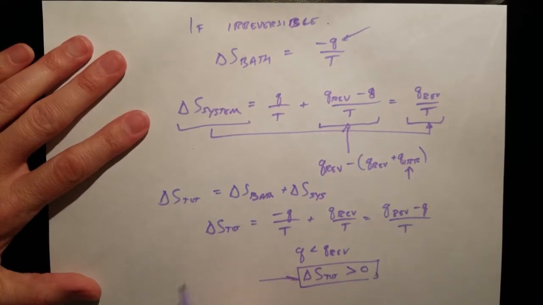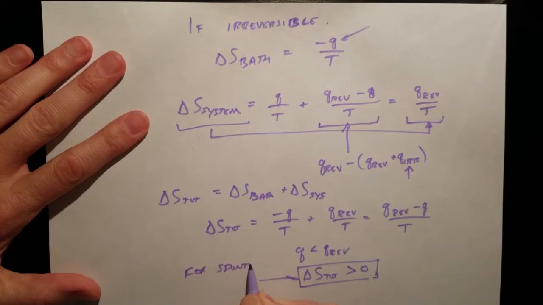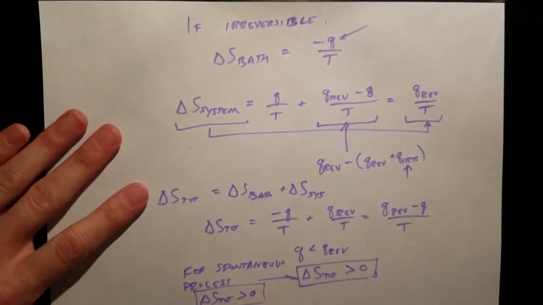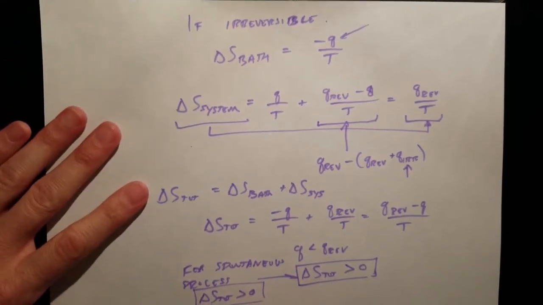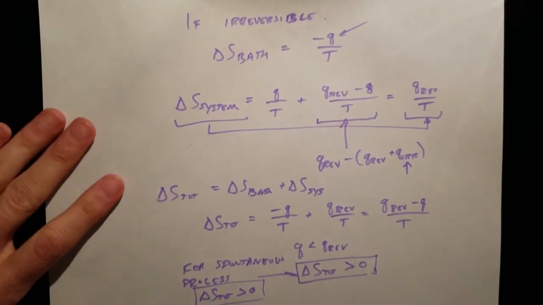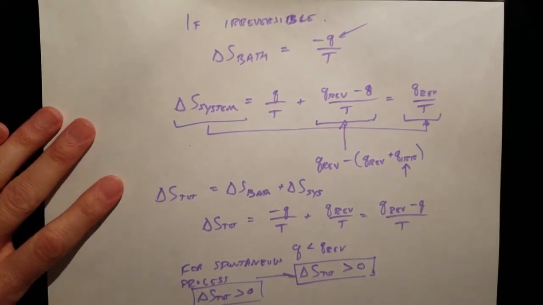So for this spontaneous process, delta S tot is larger than 0. And this is one of the conclusions coming from the discussion of the second law of thermodynamics, which we'll come back to.